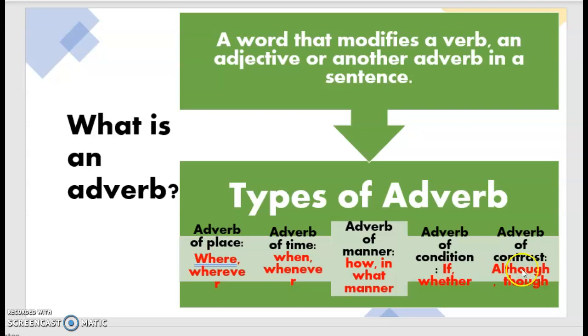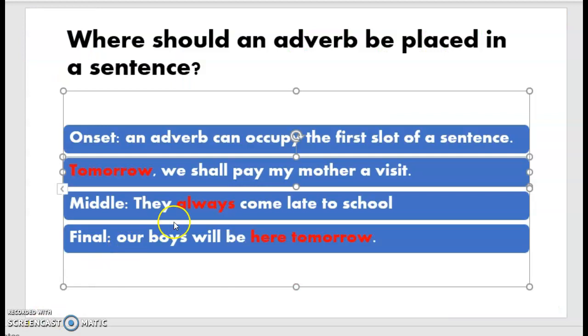So you have although, and then you have though, you have even though. There are other types of adverbs, but let's leave it at these 5 types that we identified here in this lesson today.